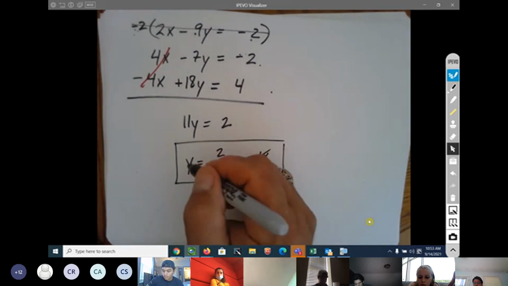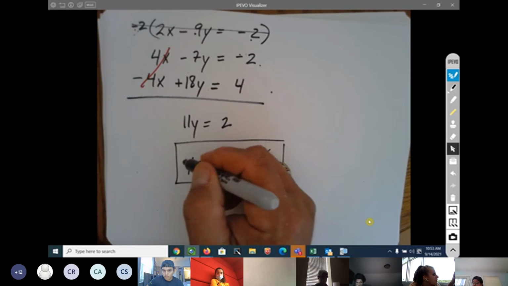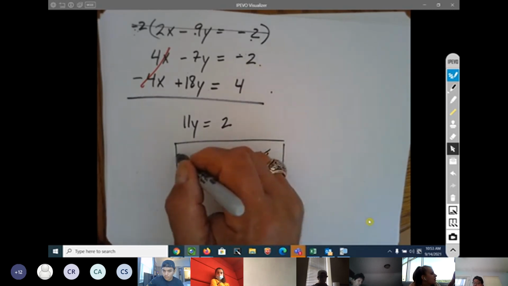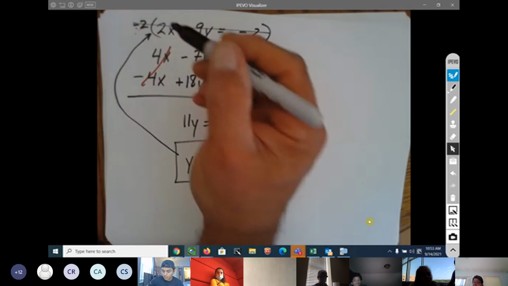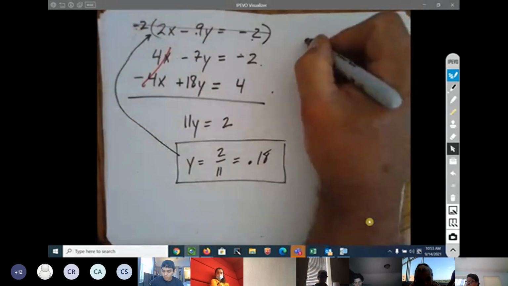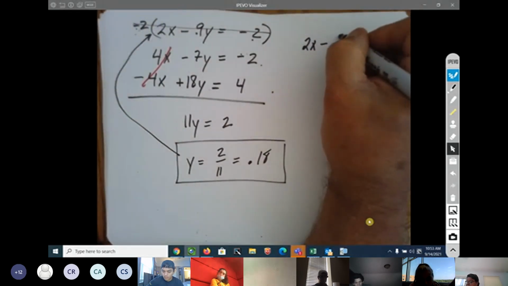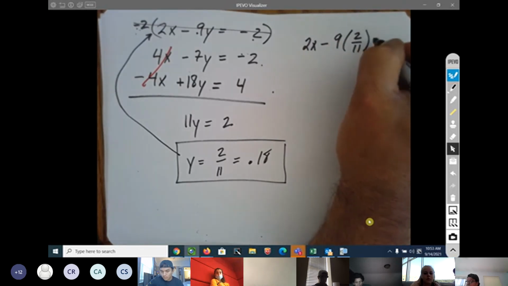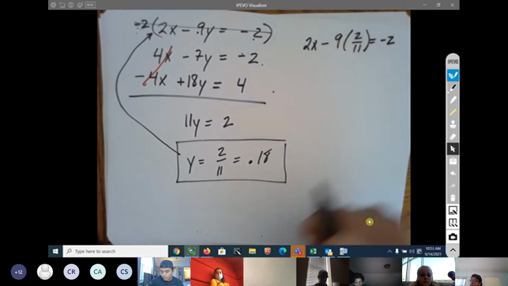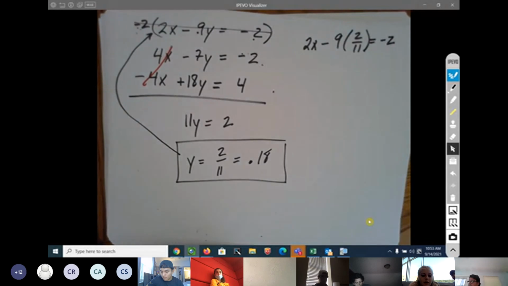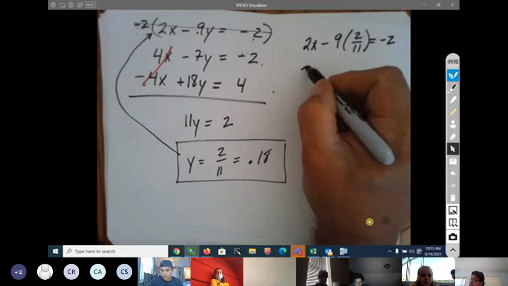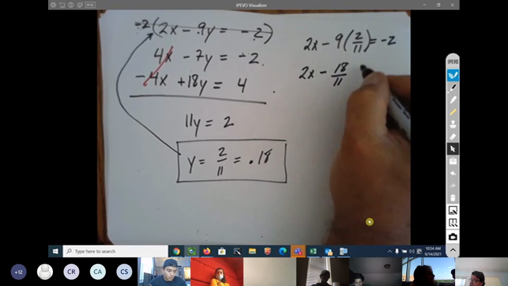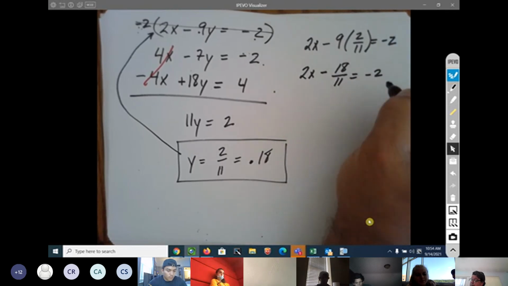Take that and plug it back into the original. I don't care which one you plug it into. I'm going to plug it in the first one. And that's going to give me 2x minus 9 times 2 over 11 is equal to negative 2. 2x minus 18 over 11 is equal to negative 2.